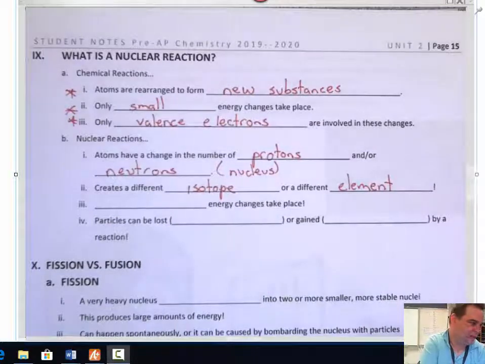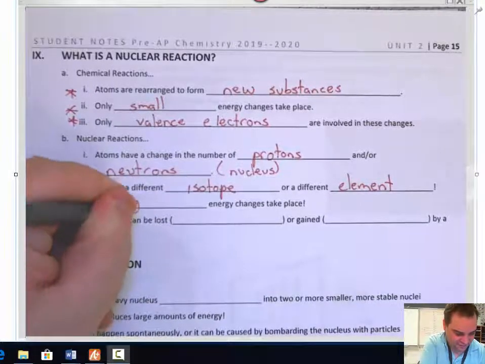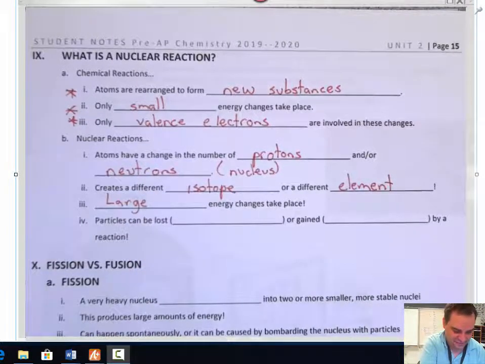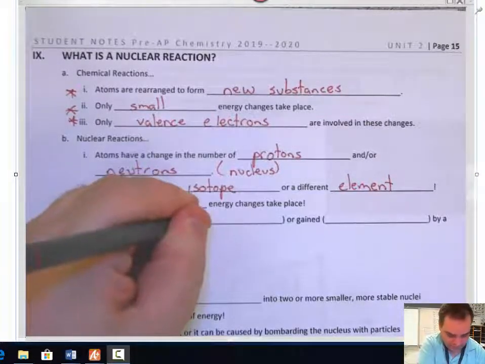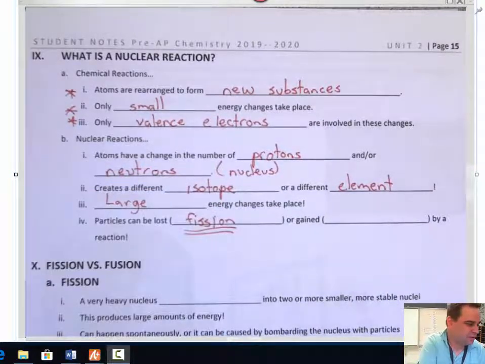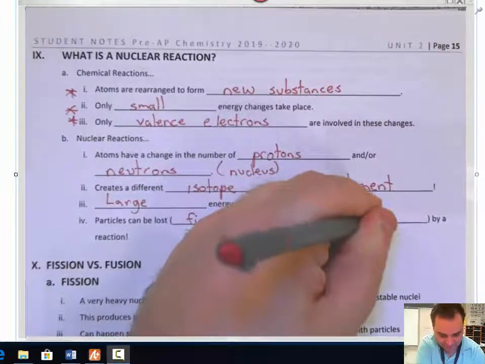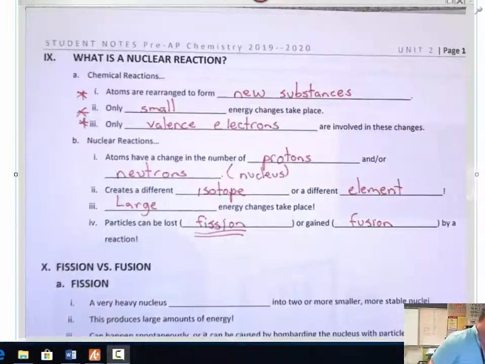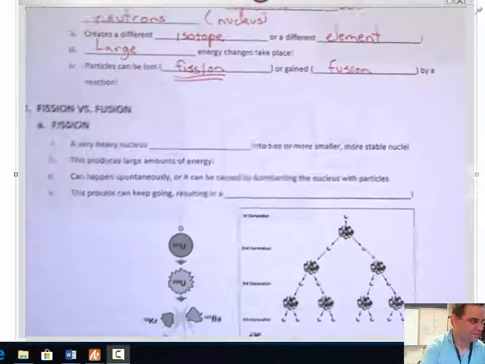You're making new elements when you do nuclear reactions. You get large amounts of energy. Particles can be lost by fission, which I'll go over in a second here, or gained by fusion. So that's the difference between chemical reactions and nuclear reactions.